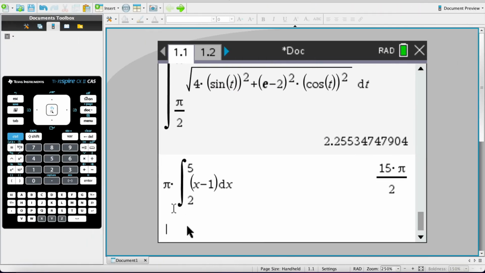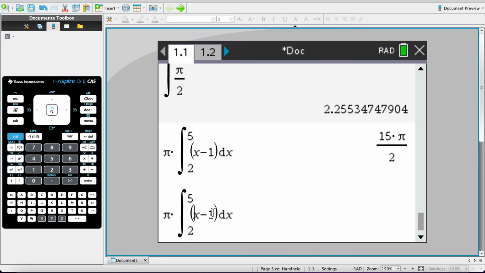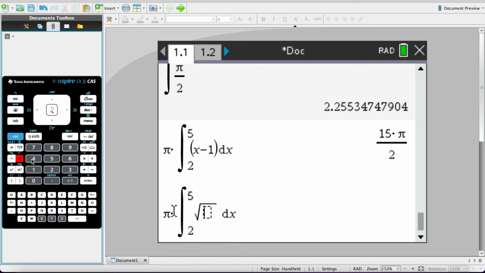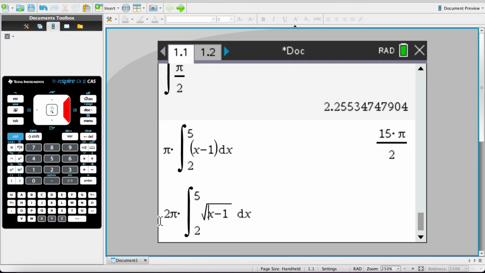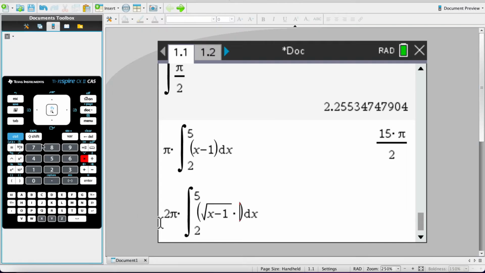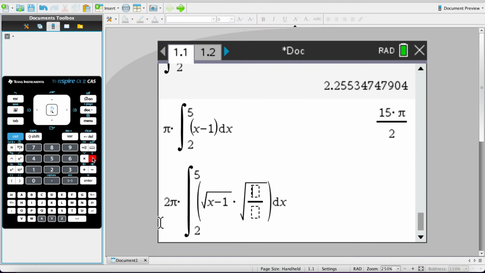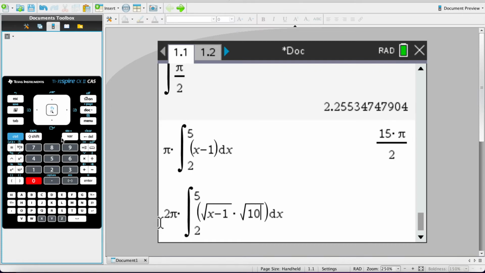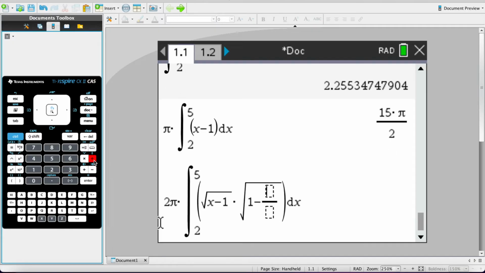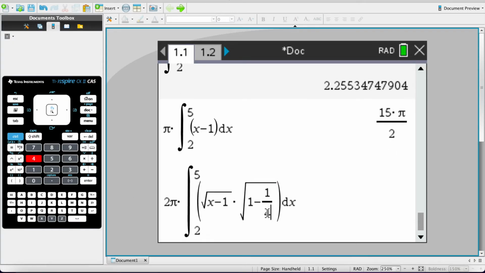So let's just check that the integral from 2 to 5 of the square root, what was my initial expression? Square root of x minus 1, and there's a 2 pi here, times by the square root of 1 minus 1 on 4 times x minus 1.